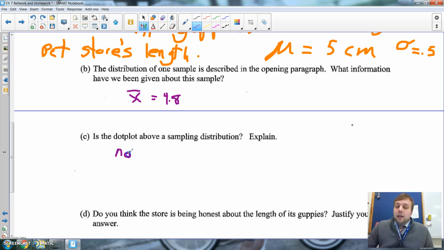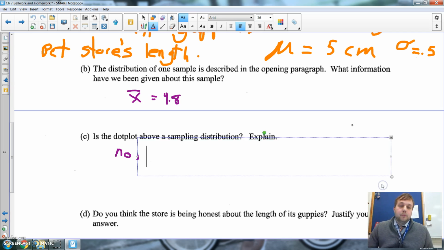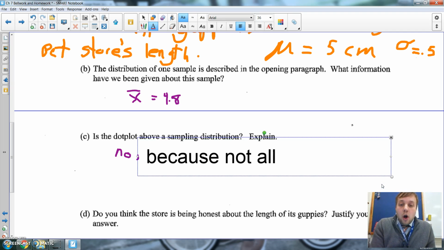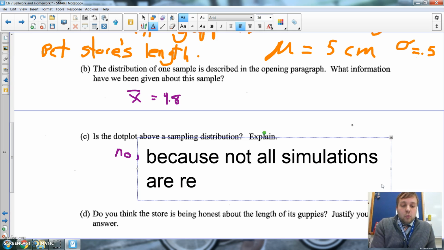Okay. Now, it's a good start of a sampling distribution. I'm going to say no, comma, you know what, I'm going to start typing it out. Here we go. No, because not all simulations are represented.